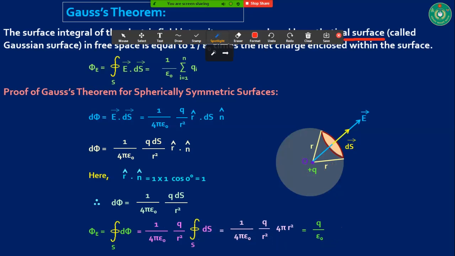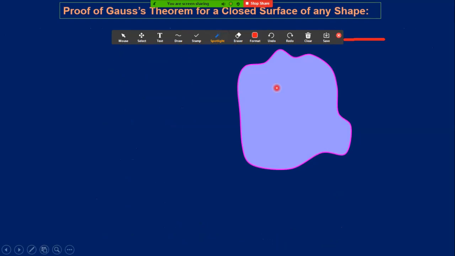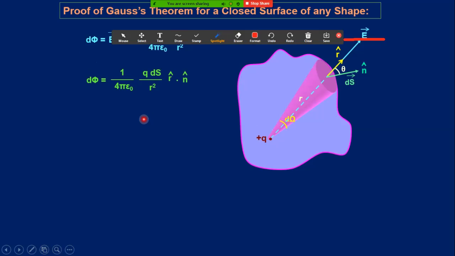Let's see my next topic. Proof of Gauss law or theorem for a closed surface of any shape. This is our equation of electric flux, and here r cap dot n cap is equal to cos theta, because there is no definite value of theta.